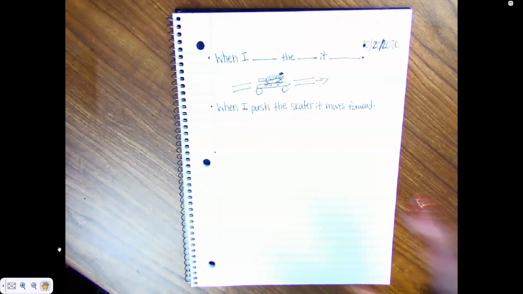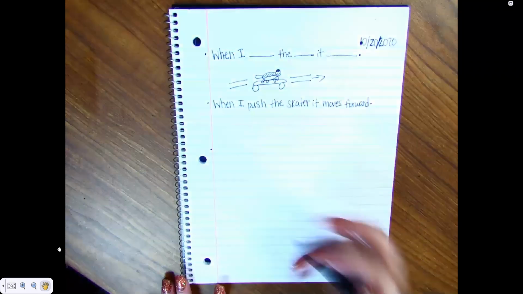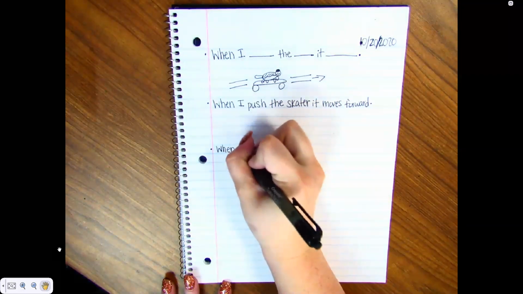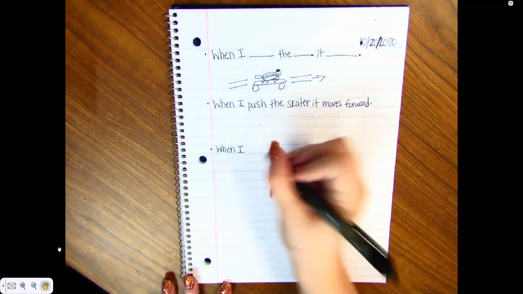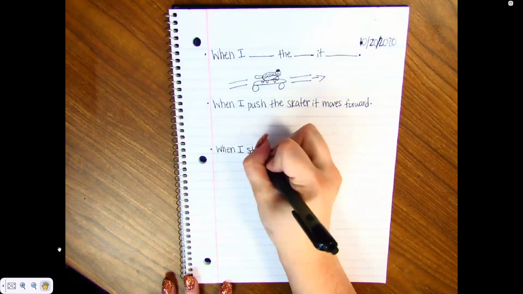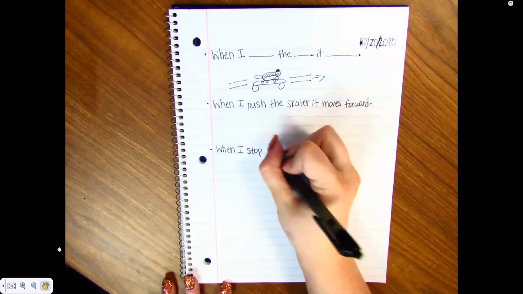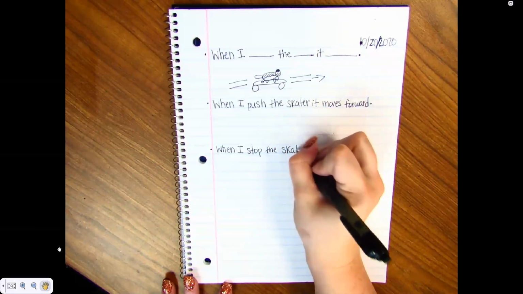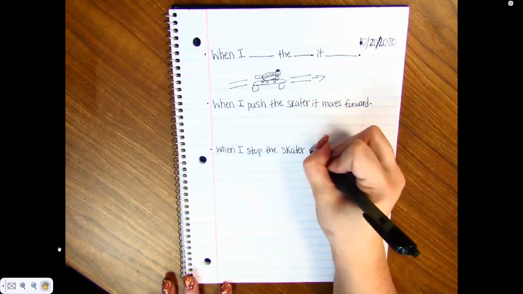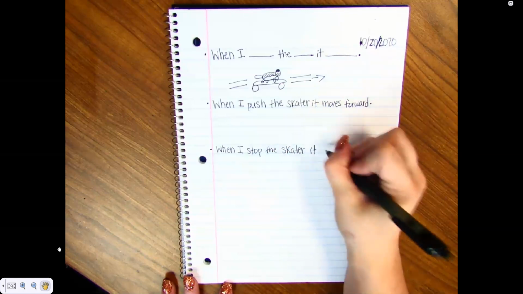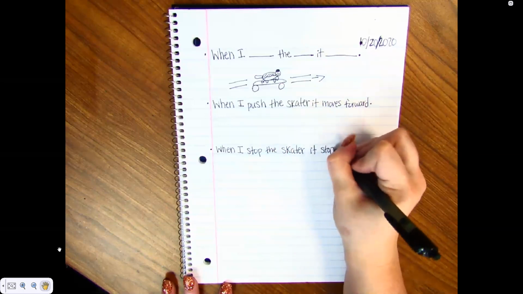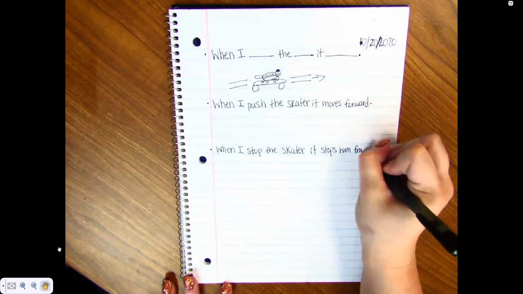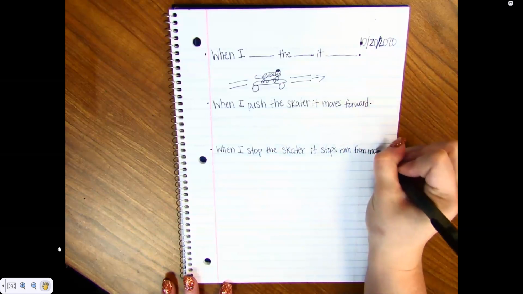So my sentence is going to say, when I stop the skater, it stops him from moving, right?